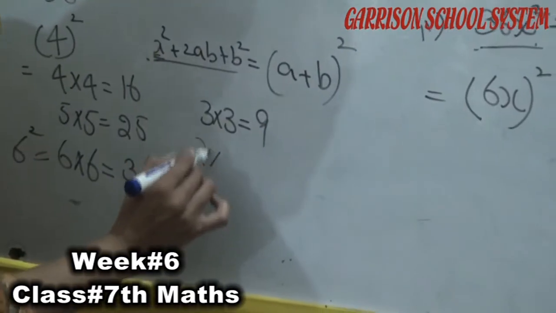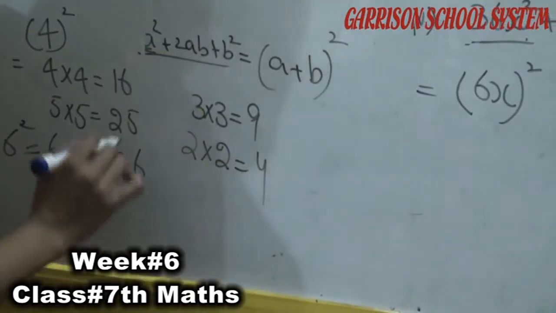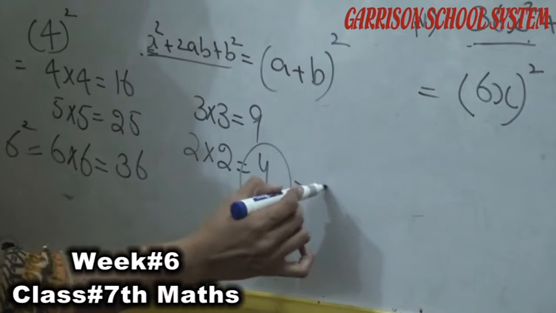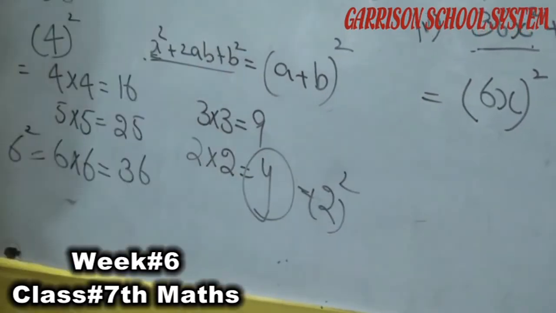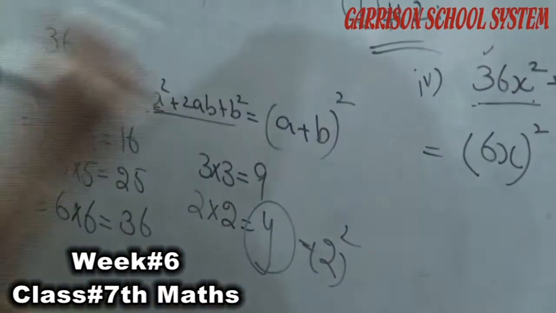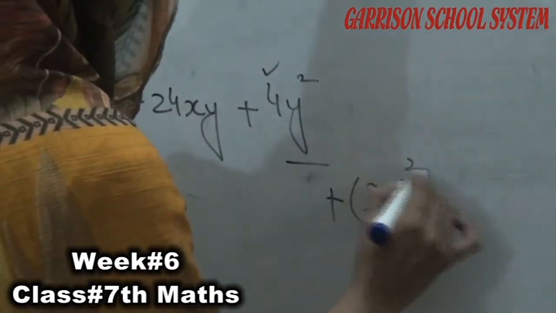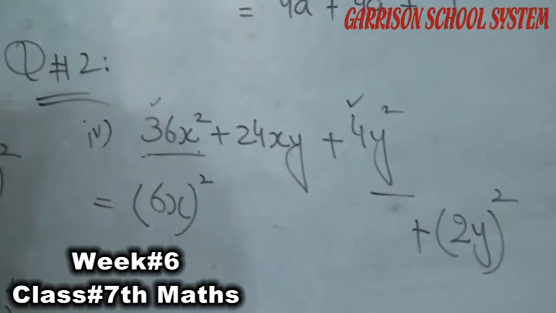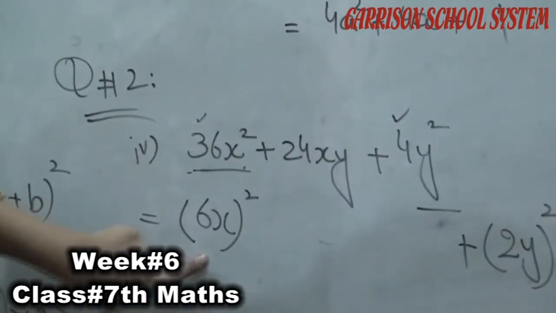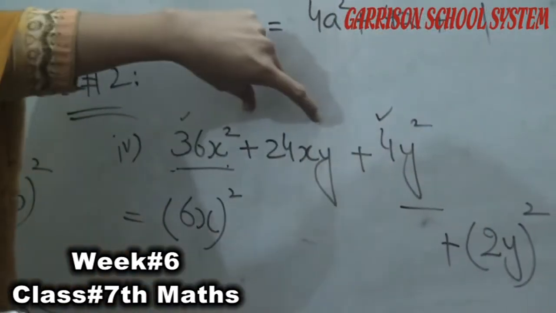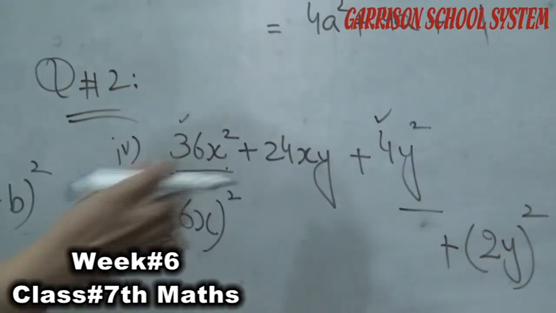So if I take 2 2s are 4, then it means that 4 is the square of 2. So 4y square is the square of 2y. I have completed the first term and the last term. Now I have to complete the second term, the middle term.